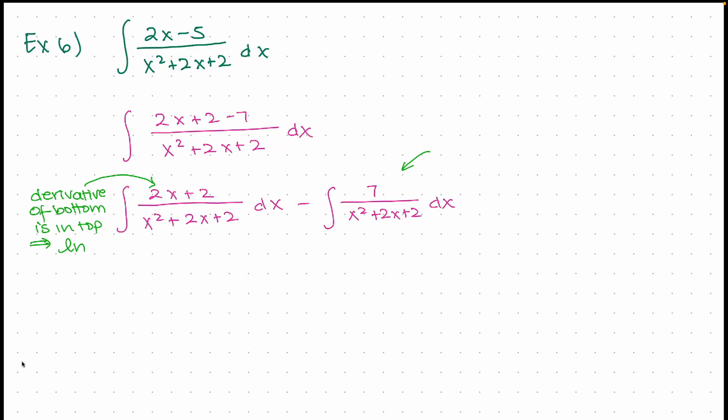And then this guy is just like the problem we did previously where you complete the square. So complete the square, and then it will be an arctan problem. So any questions on that? I'm going to let you guys go ahead and try to finish it up. I'll pause the video too.